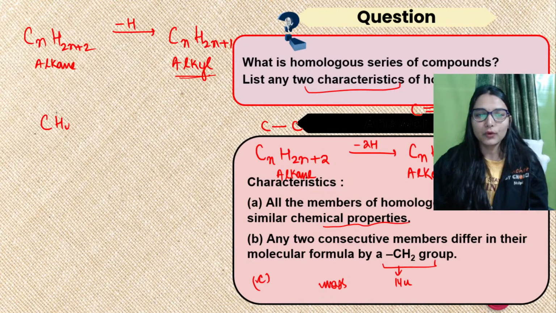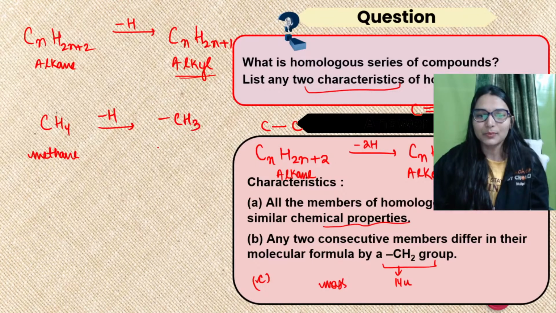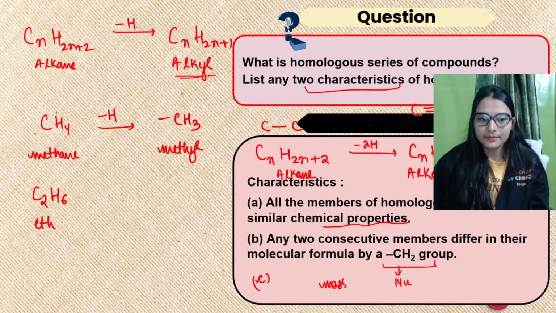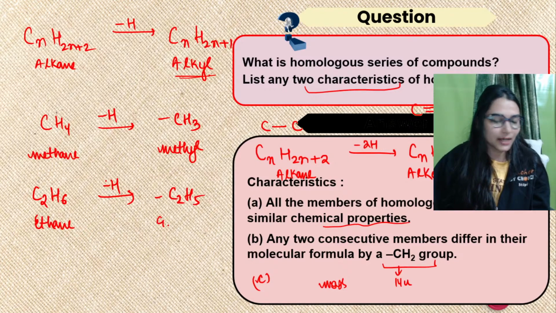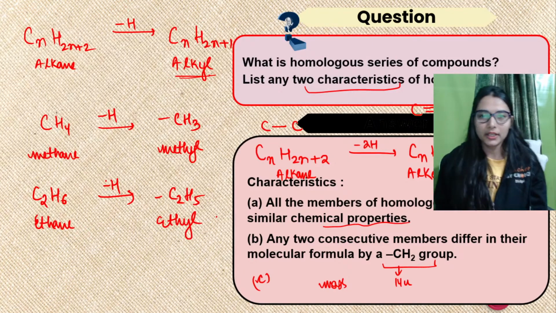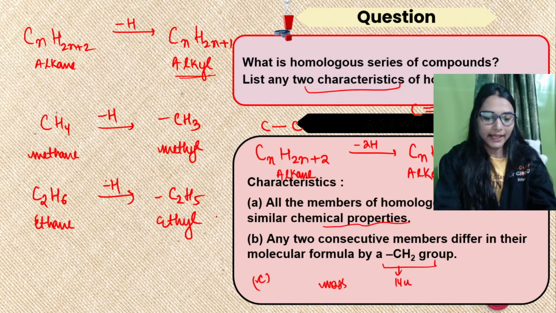Like CH4 is methane. Then from methane you remove 1 hydrogen, you will get CH3, that is methyl substituent. Getting the point? Okay, look at C2H6, that is ethane, right? Now remove 1 hydrogen, you will be getting C2H5, that is ethyl substituent, right? And so on, right? You can see, it is easy, not difficult.